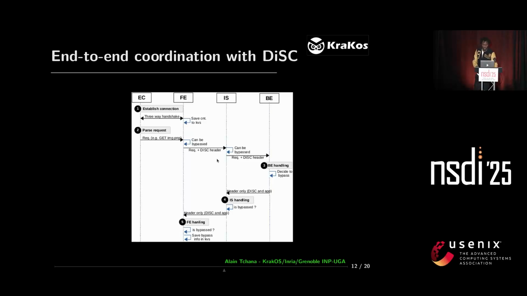And then we send the request. If bypass is decided by this server, it adds a new header to the request. We do the same for the intermediate server. And at the backend level, it decides finally if we really need to bypass, because it has the payload.